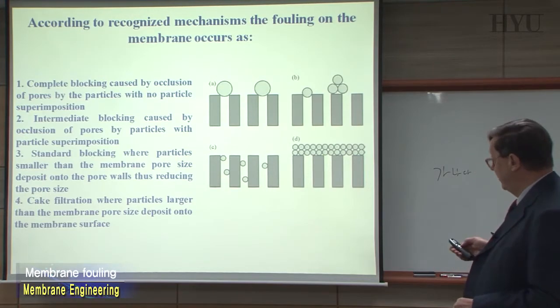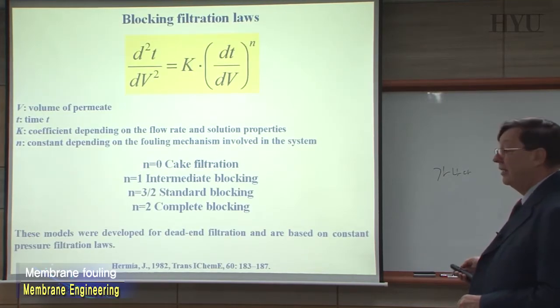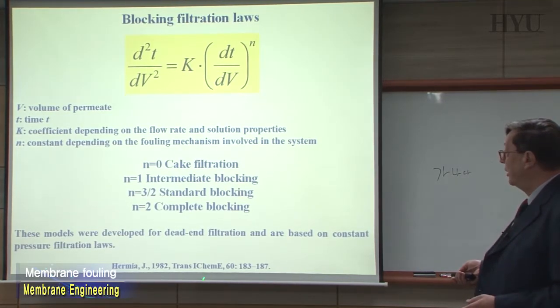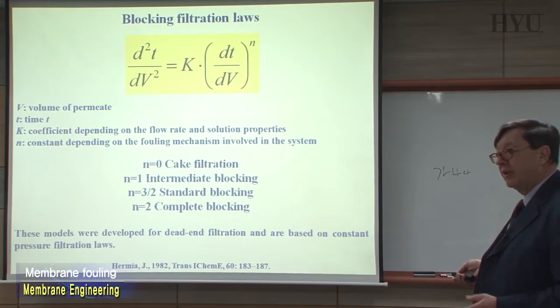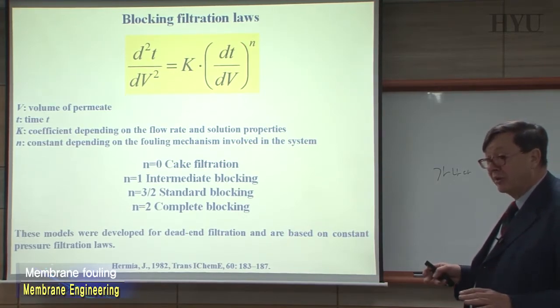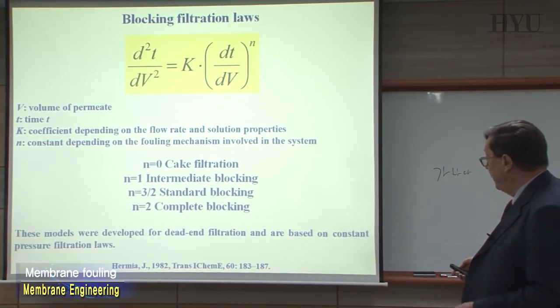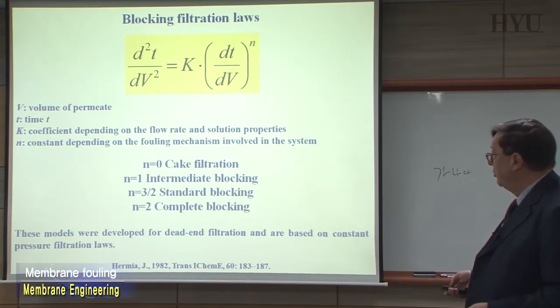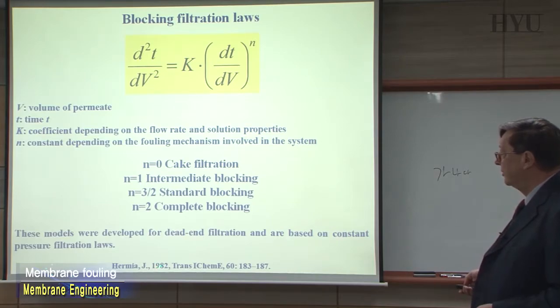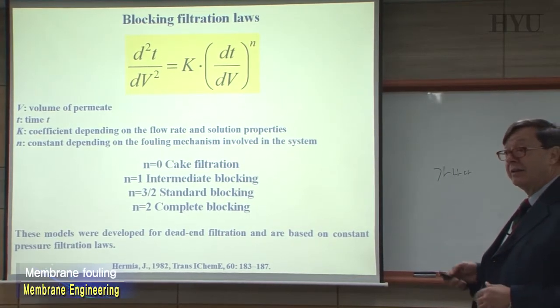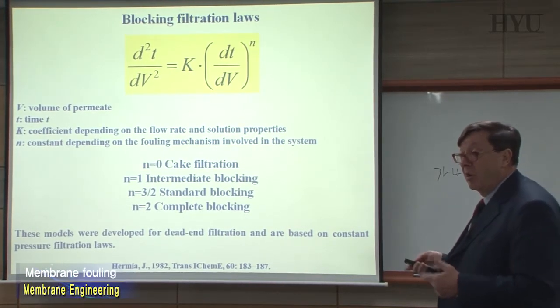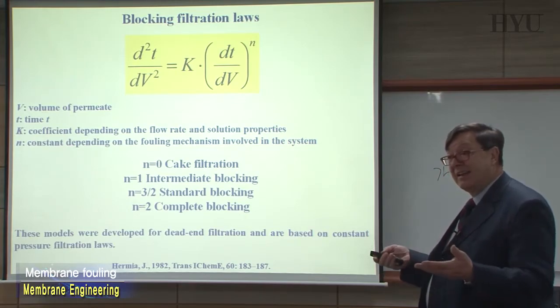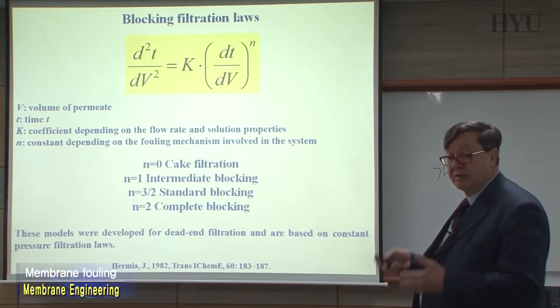Normally, this kind of system has been utilized and works in dead-end filtration, traditional filtration, not membrane filtration. If you want to read about these different mechanisms, you can go back to years already in the 80s, when experts in traditional filtration were trying to analyze these different kinds of blocking, which are normally present in any kind of traditional filtration system.